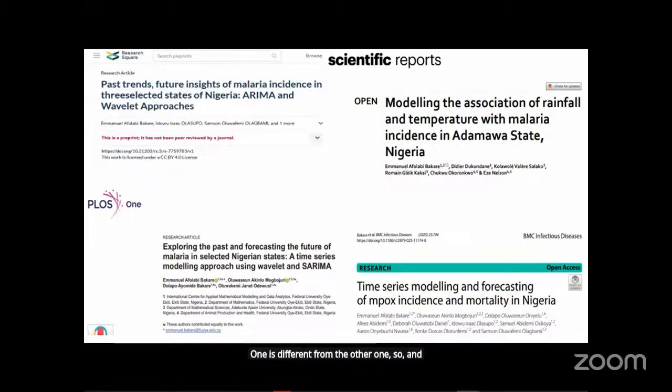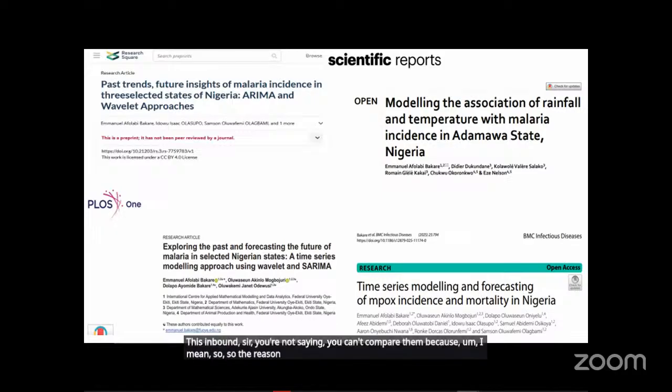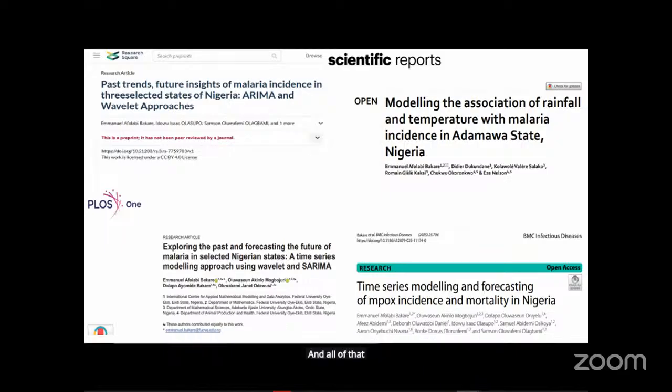You need to linearize for them to be at the same level so that you can compare, because you cannot compare time series values of different locations that do not have the same bounds. So one of the reasons, apart from denoising and linearizing, is for good comparison. Thank you, sir.